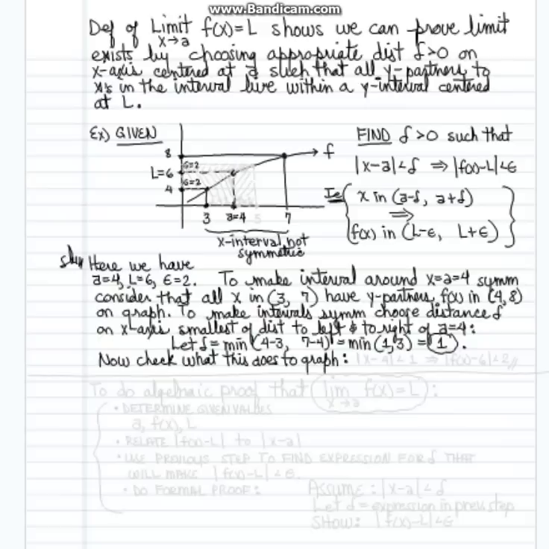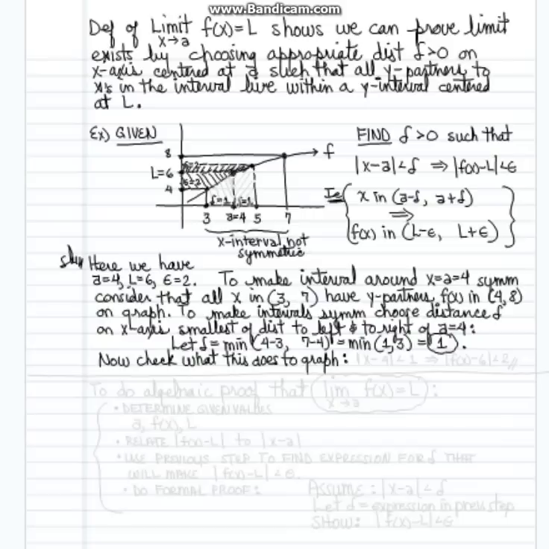Now check what this does to your graph. Well, when we restrict ourselves to x values that are restricted to 1 unit to the left and 1 unit to the right of the center 4, we get the interval from 3 to 5.